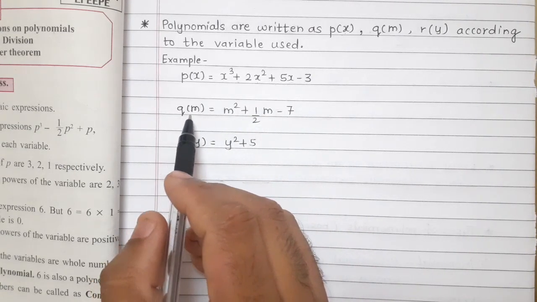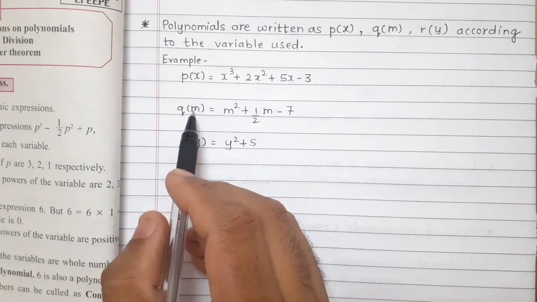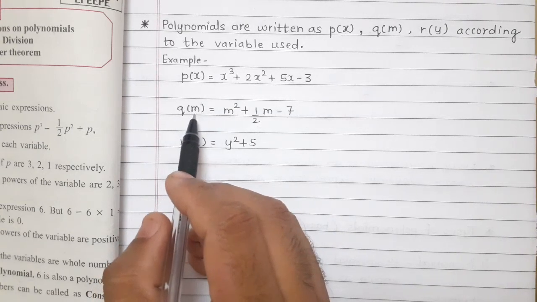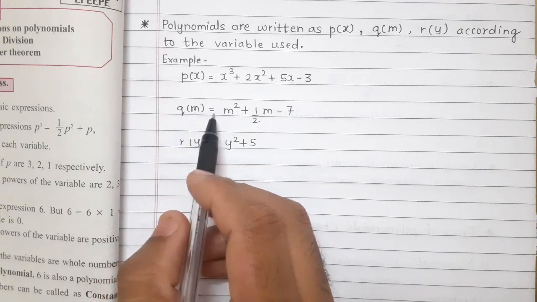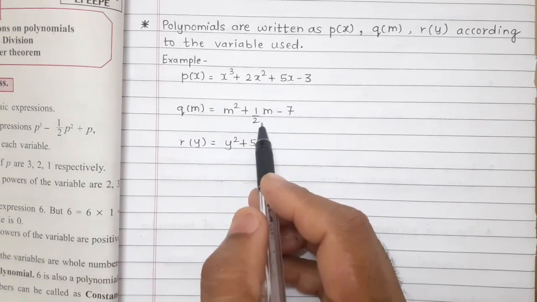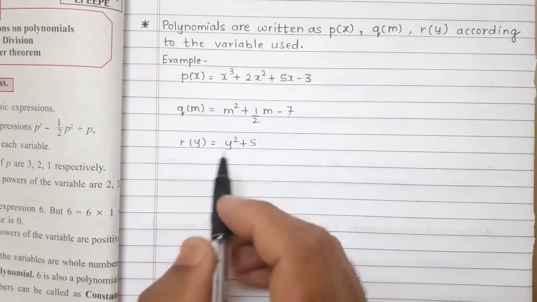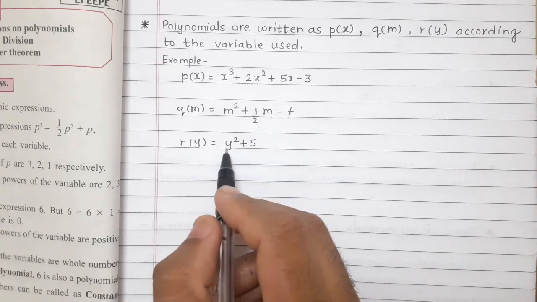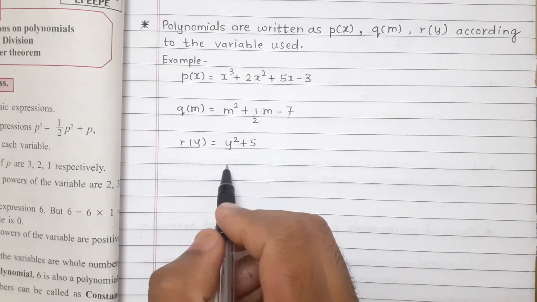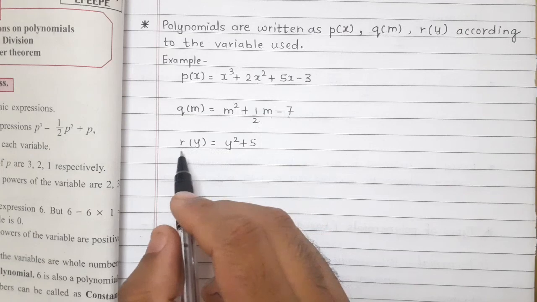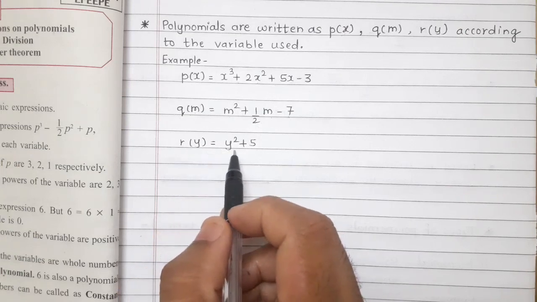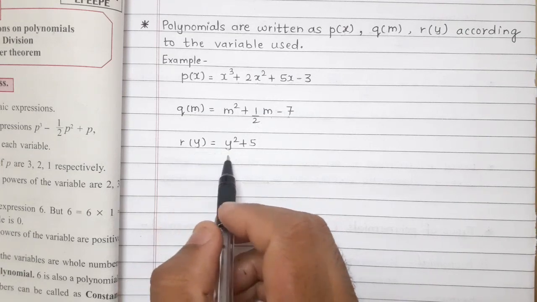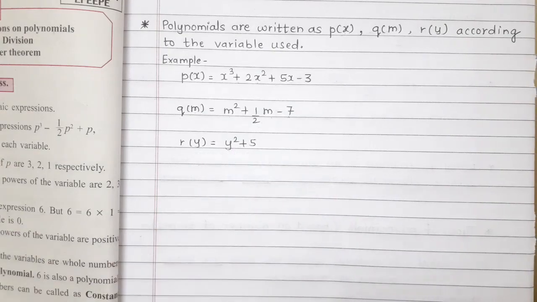So q of m, we have written m in the bracket. q of m is equal to m square plus 1 upon 2m minus 7. And in this polynomial y square plus 5, y is the variable, so we can use r to denote this polynomial as r of y is equal to y square plus 5.